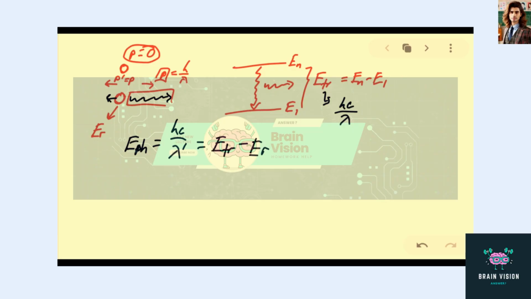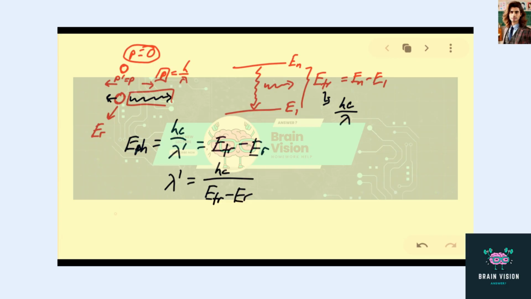This is the actual amount of energy that is being transferred to the photon. Therefore, the actual wavelength of the photon is hc over this.